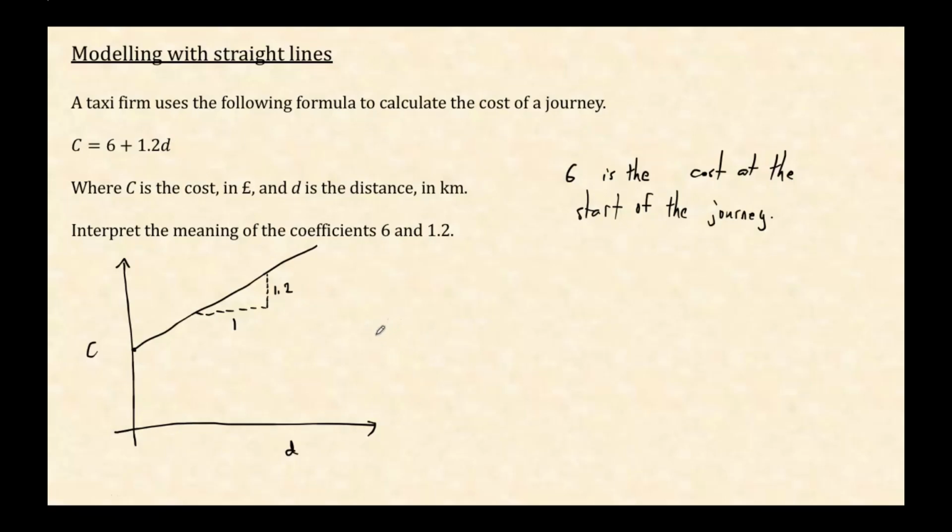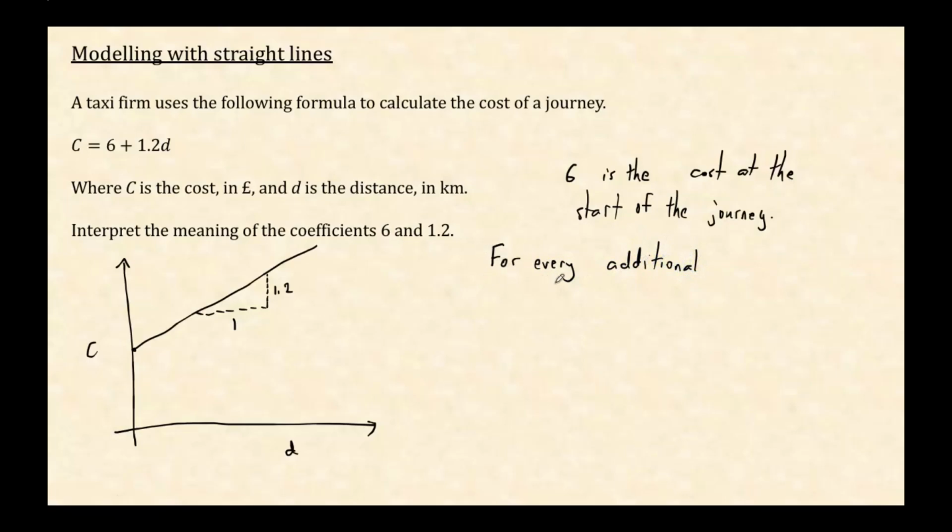Now, what you don't want to say is that 1.2 means it's £1.2 per kilometre, because that would ignore the 6 at the start. What you want to do is say for every additional kilometre travelled, the cost increases by 1.2. So really, whenever you're interpreting a gradient, you really should begin by saying for every additional, or for every extra.